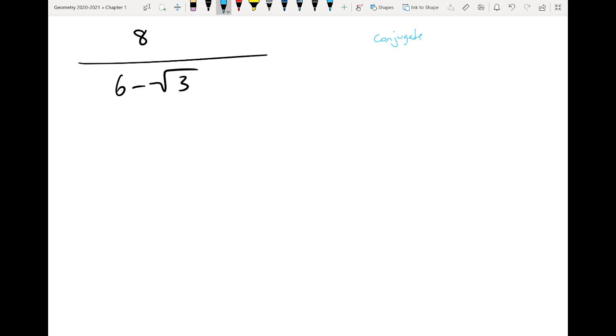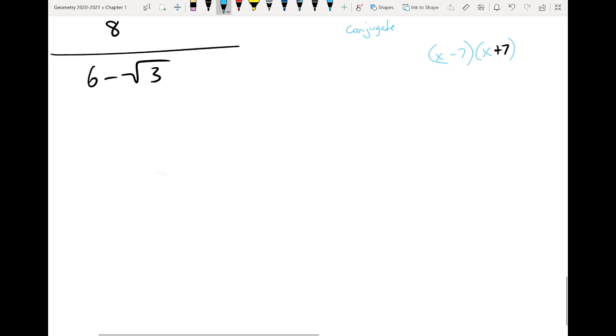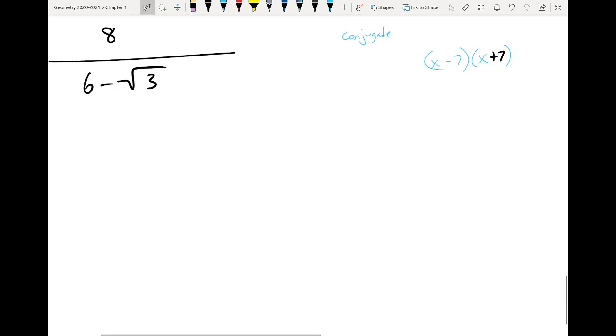Think about this. If I had x minus 7, and I multiplied that times, instead of x minus 7, x plus 7, as a quantity. You guys remember this when we did multiplying binomials, right? Foiling. Well, what's great about this is usually when we multiply binomials, we come out with 3 terms, right? Like x squared plus something x plus or minus something at the end.